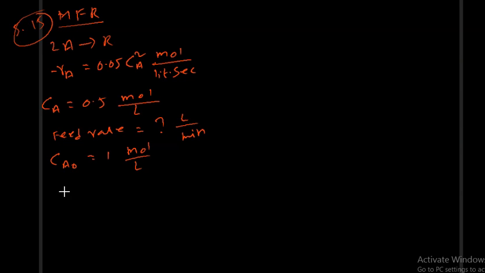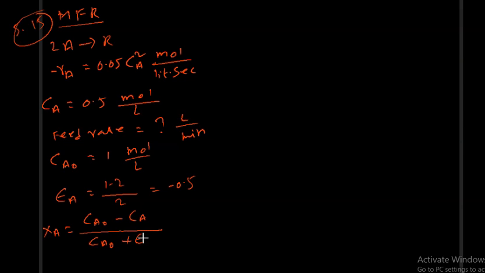Let us calculate epsilon A here. Epsilon A is equal to, as per the stoichiometric equation given, 1 minus 2 divided by 2, which is equal to minus 0.5. And what is Xa? Xa is equal to Ca naught minus Ca divided by Ca naught plus epsilon A Ca.